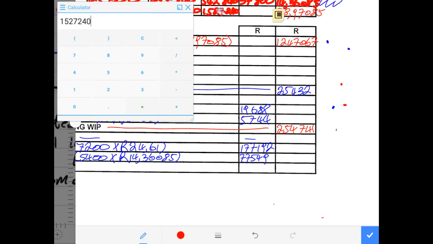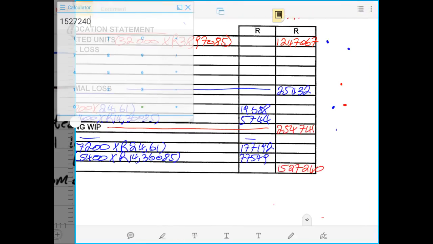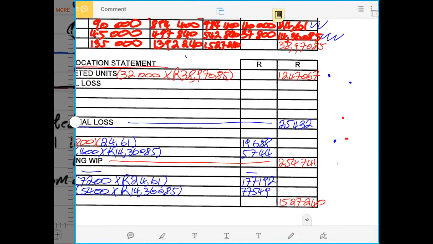That gives us 1,527,240. Please always make sure that your total cost here at the bottom is the same as the total.